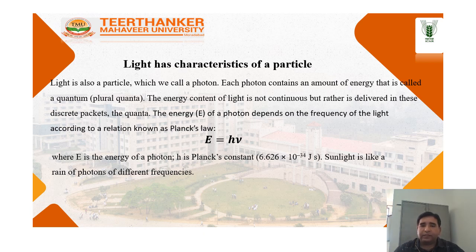Each photon contains an amount of energy that is called a quantum, and the energy of a photon depends on the frequency of light. According to Planck's law, E = hν. Here h is Planck's constant, that is 6.626 × 10^-34 joule-seconds. Sunlight is like a rain of photons of different frequencies.